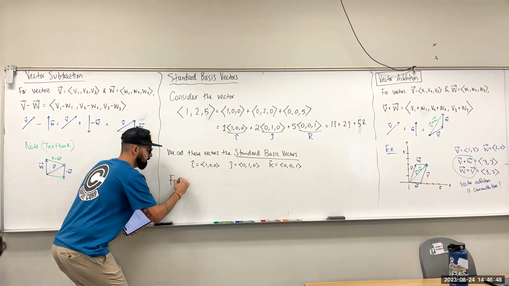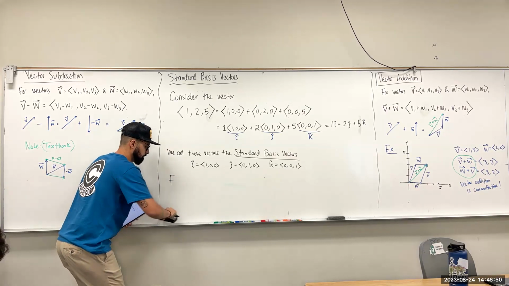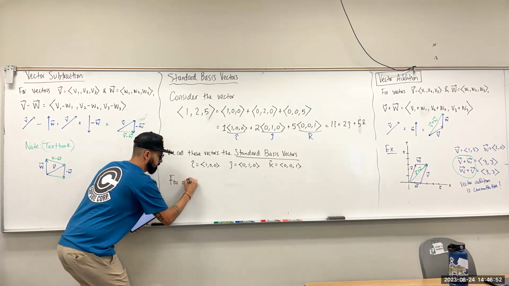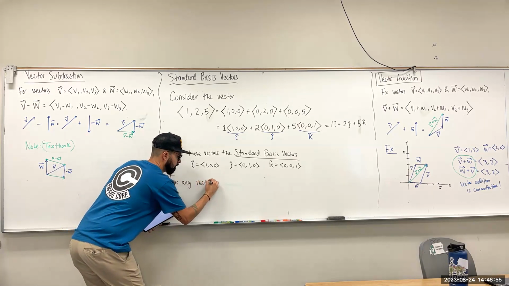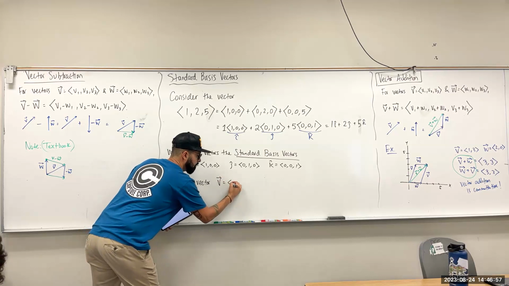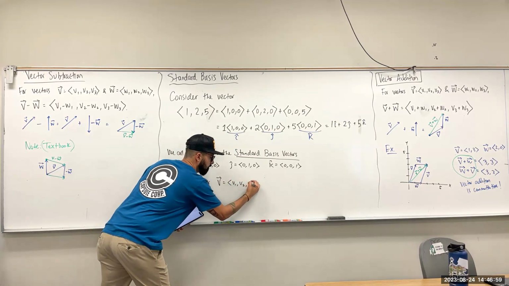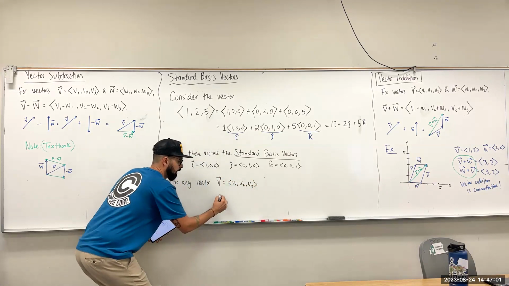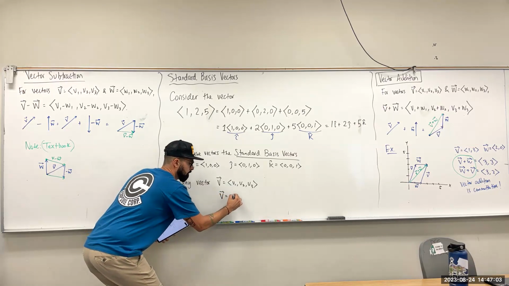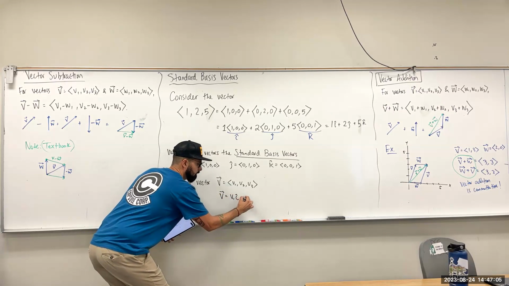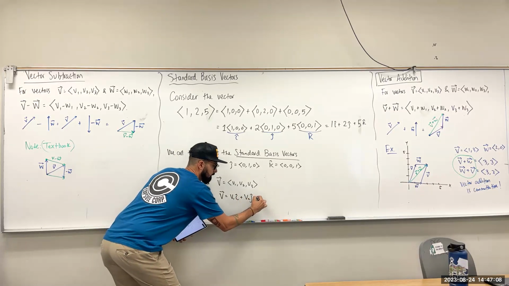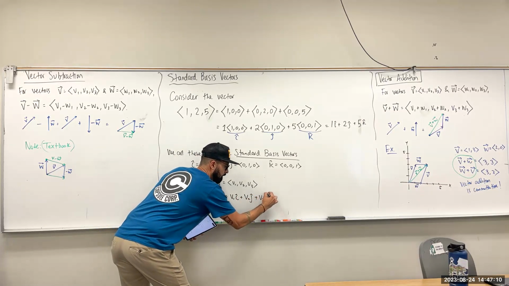And that's going to be true for any vector. Any vector v that has components v1, v2, v3, I can write it as v1 i hat plus v2 j hat plus v3 k hat.